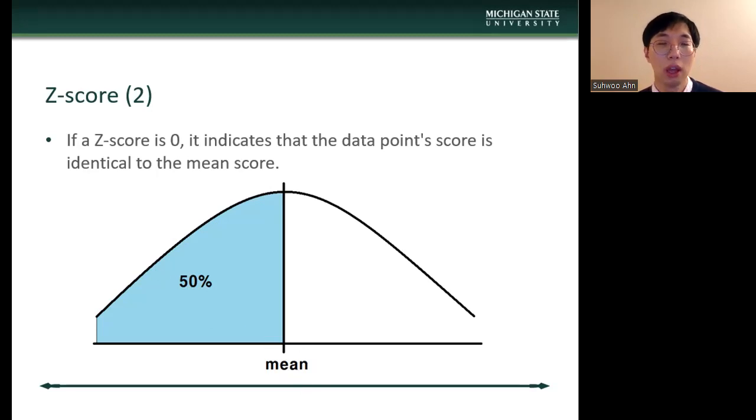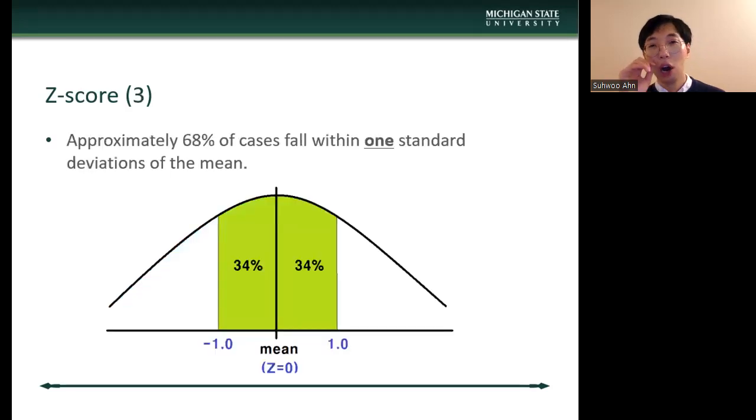So in this way, you can relate the z-score with the proportion of cases below or above the z-score. And how about this? If the z-score is -1, what is that? The z-score of -1 indicates a value that is one standard deviation below the mean.